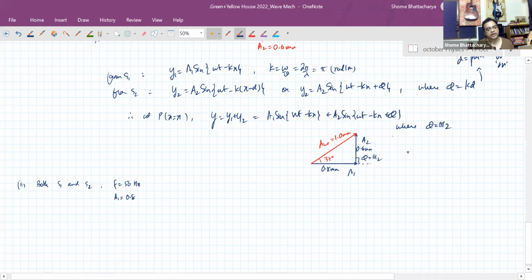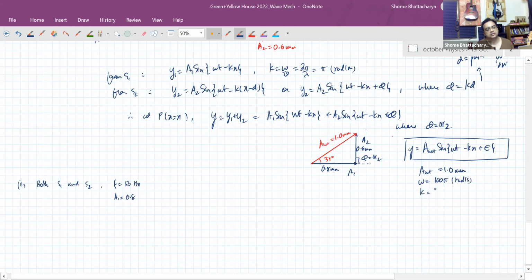So y net will become like this, where the net amplitude is 1 millimeter, omega is 100 pi, k is pi radians per meter, and this epsilon is 37 degrees, the net phase. That's the conclusion of the first part.